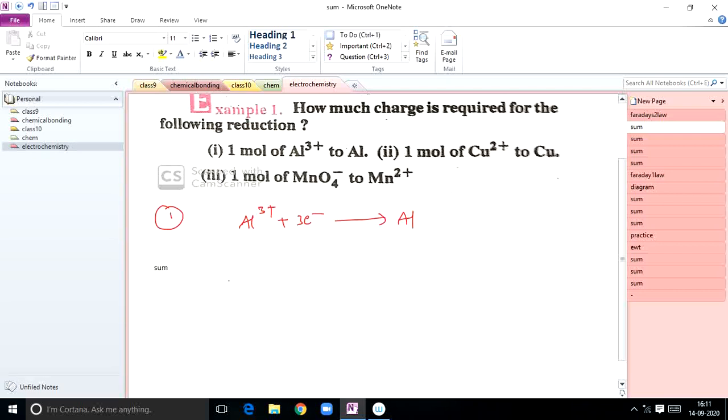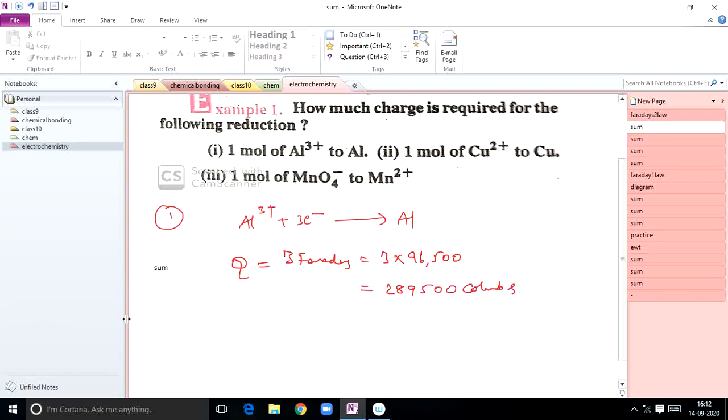How much charge is required, he is asking. Here Q is equal to, according to this equation, 3 Faradays. So that means 3 into 96,500 coulombs. So we will get 289,500 coulombs. So this is for the first equation.